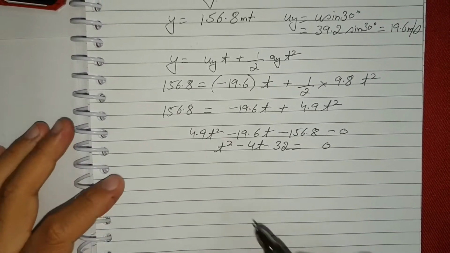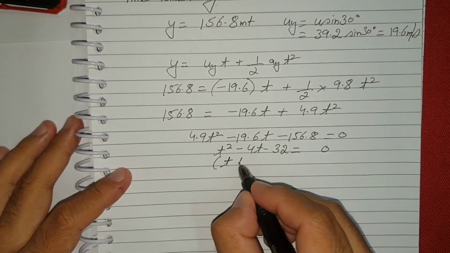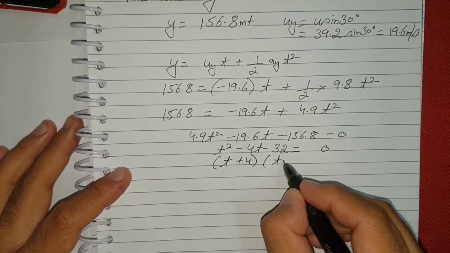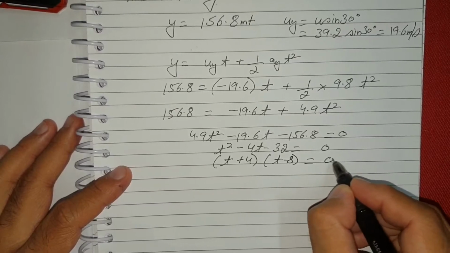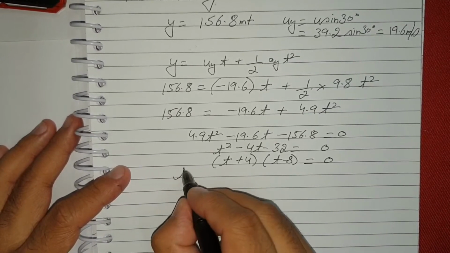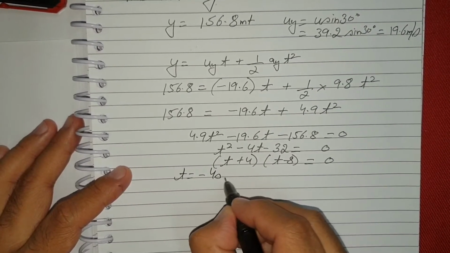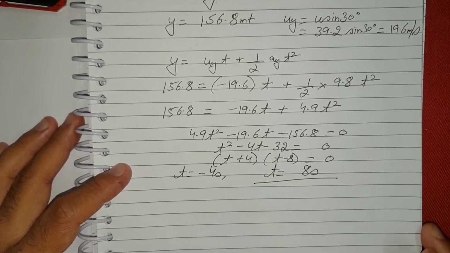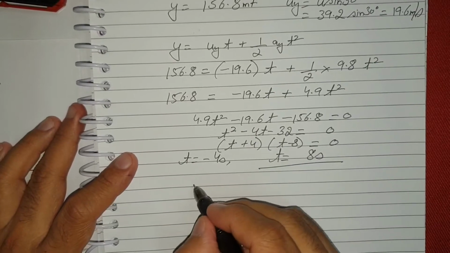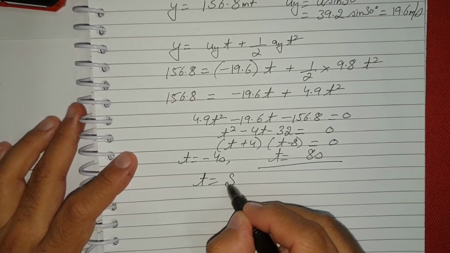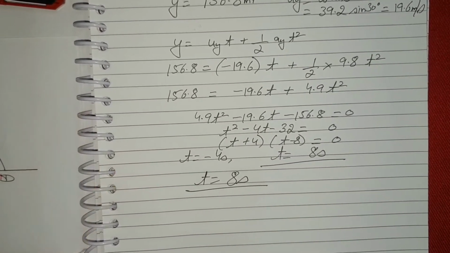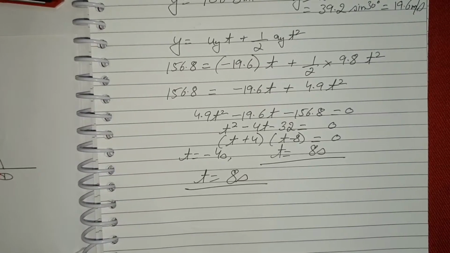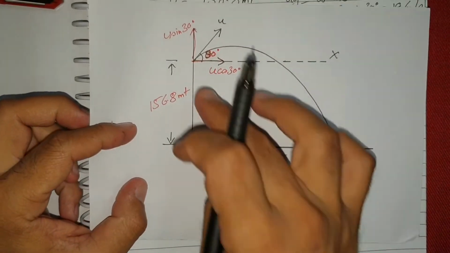So by middle term splitting, you get t plus 4 into t minus 8 equals 0. So we get t equals minus 4 second or t equals 8 second. Time cannot be negative, so ignoring the negative value, we take time as 8 seconds. So time is 8 seconds to reach till here.